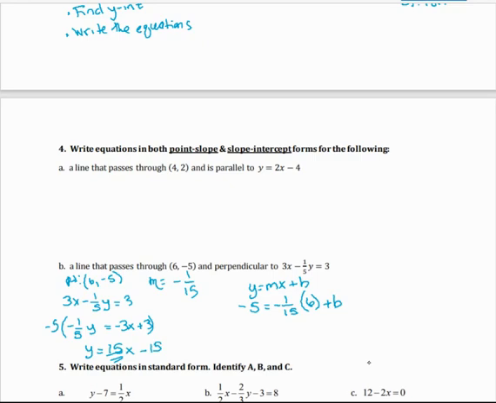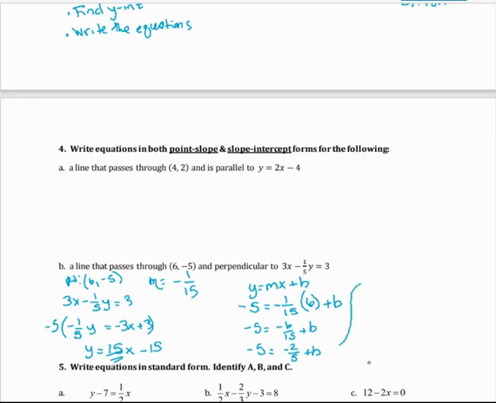Now I will simplify. So we have negative 5 equals negative 6/15 plus b. I can reduce that, so this is negative 5 equals negative 2/5 plus b. I'll now need to add 2/5.